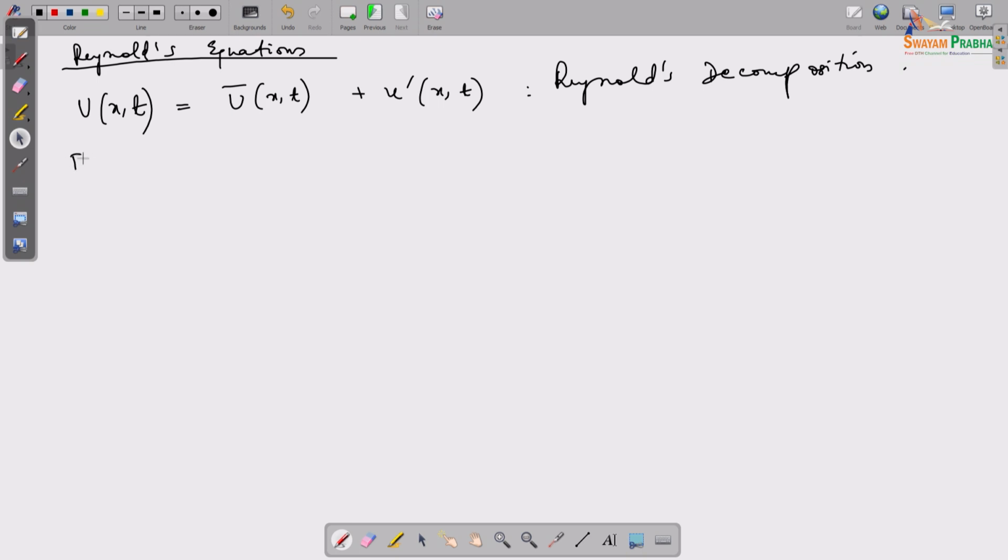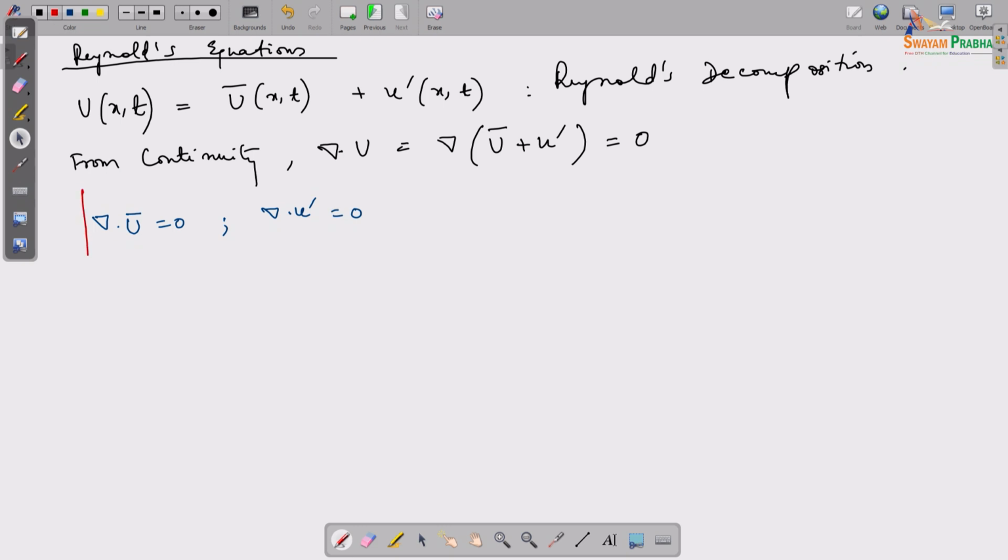So from continuity, which means. Next, of course, we have the momentum equation, and then the mean momentum equation. Let me write that down.